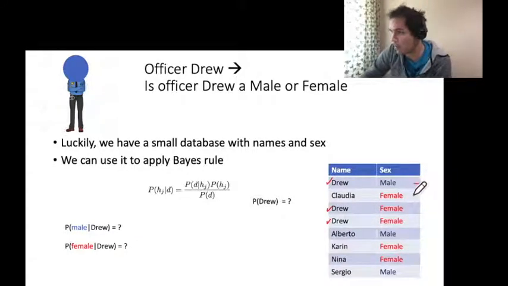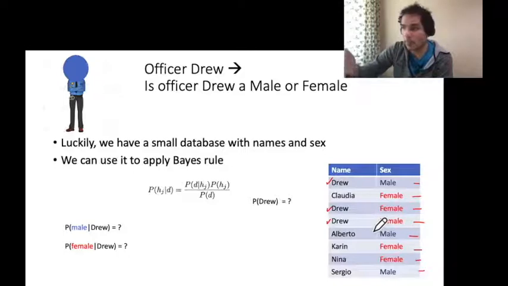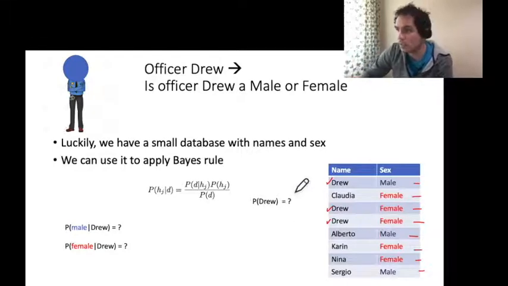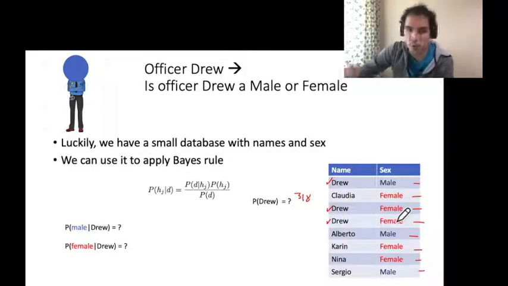We have 1, 2, 3, 4, 5, 6, 7, 8. So the probability that the name is Drew in the database is 3 out of 8, because we have 3 Drews out of 8 potential candidates in my database.